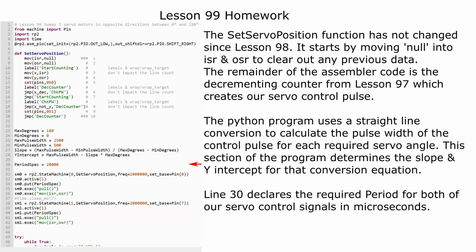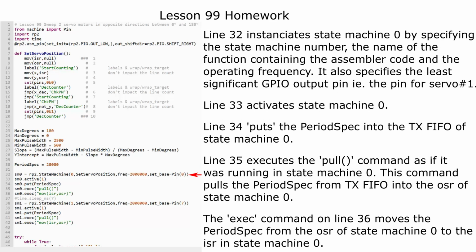Line 30 declares the required period for both of our servo control signals in microseconds. Line 32 instantiates state machine 0 by specifying the state machine number, the name of the function containing the assembler code, and the operating frequency. It also specifies the least significant GPIO output pin, i.e. the pin for servo number 1.